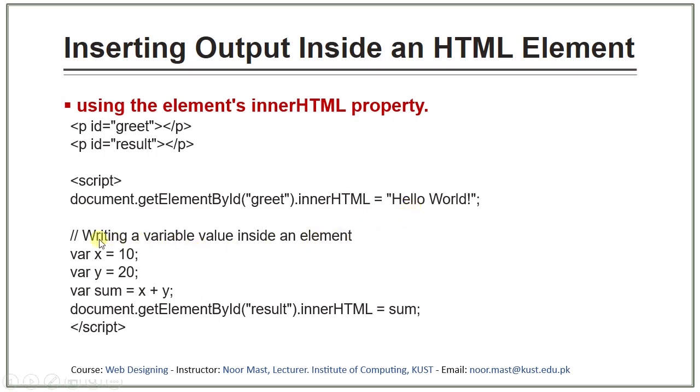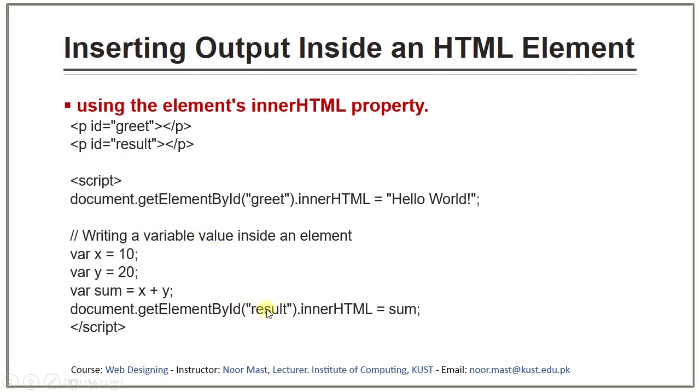While here we have two variables as we showed in the previous examples also, and the sum variable is holding the result after summing these two variables. And here we are using the document.getElementById method, and here we have result, which is the ID of the second paragraph element.